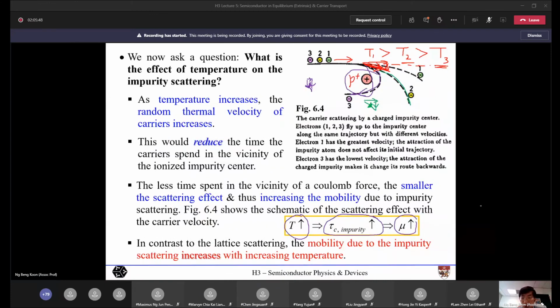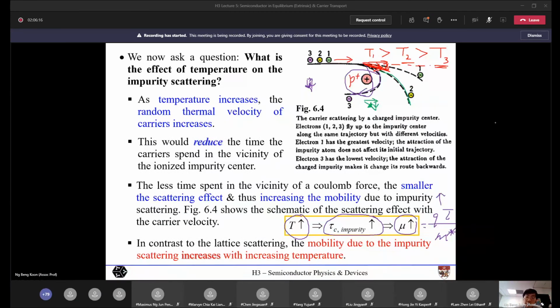Again, this is because your mobility is q tau over effective mass, right? So if your average time between collision increases, then your mobility increases. So this has an opposite effect to lattice scattering. If the scattering effect is due to ionized impurity atoms, increasing the temperature increases the mobility.